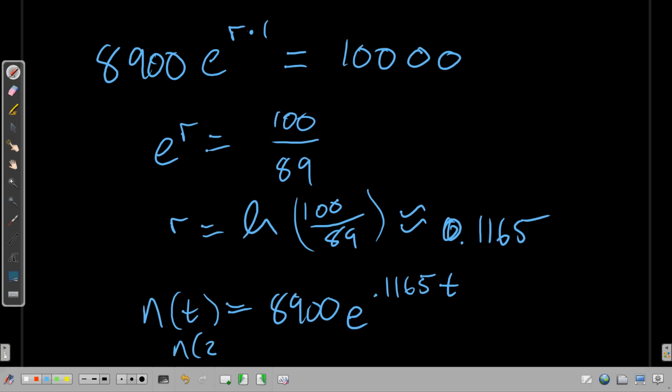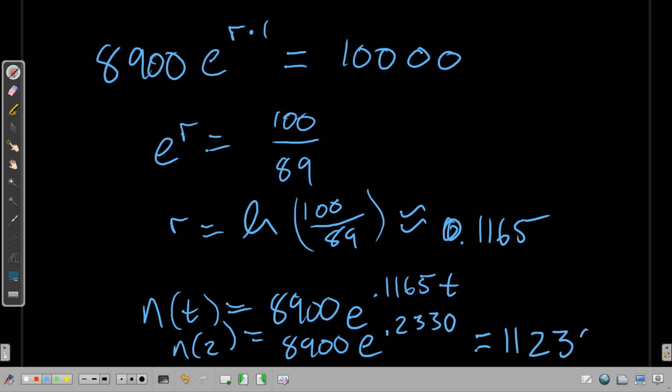So N of 2 is 8,900 times e to the 0.233, and that number is 26.24% more than what you started with, such that the total number of bacteria would be 11,235.